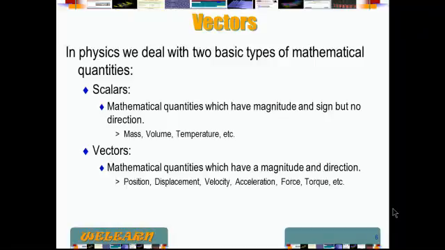Examples of such quantities are mass, volume, temperature, time, etc. Now, not all of them have positive and negative sign. For example, temperature, if we use it in Kelvin, is going to be always positive. But then, if it is in centigrade, it has negative and positive values. Volume is always positive, etc.